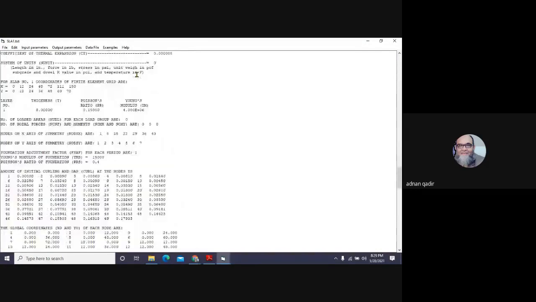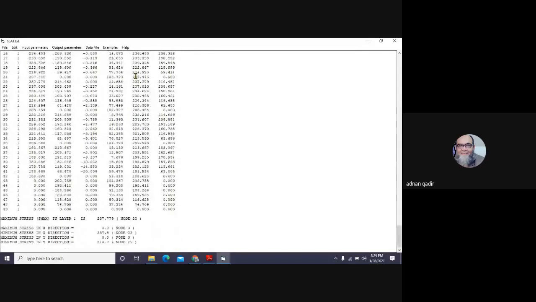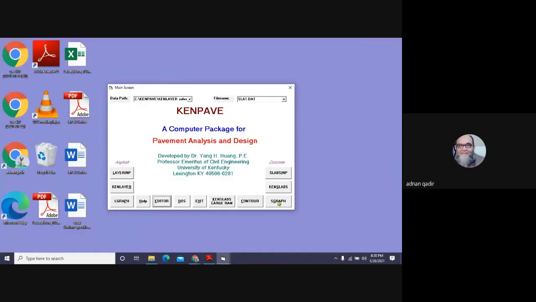At the end you will know your maximum stress in x direction is 0, in x direction 237.8, in y direction 0, and there is a minimum stress in y direction of 214, and it is at these nodes. Another feature of this software is you can see what you have input.